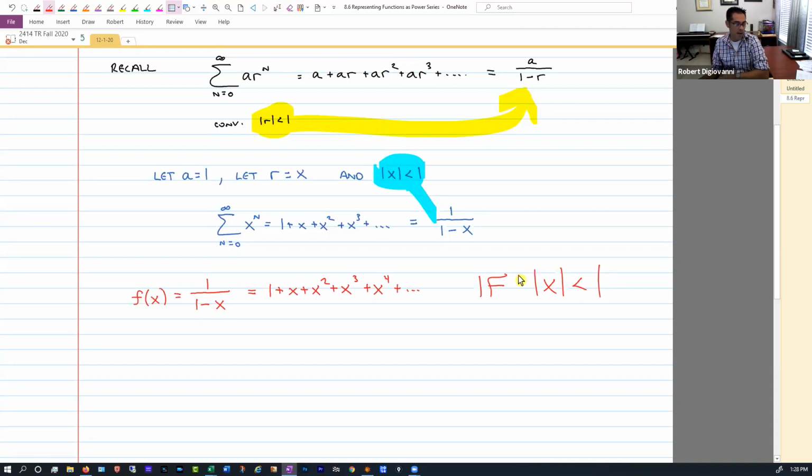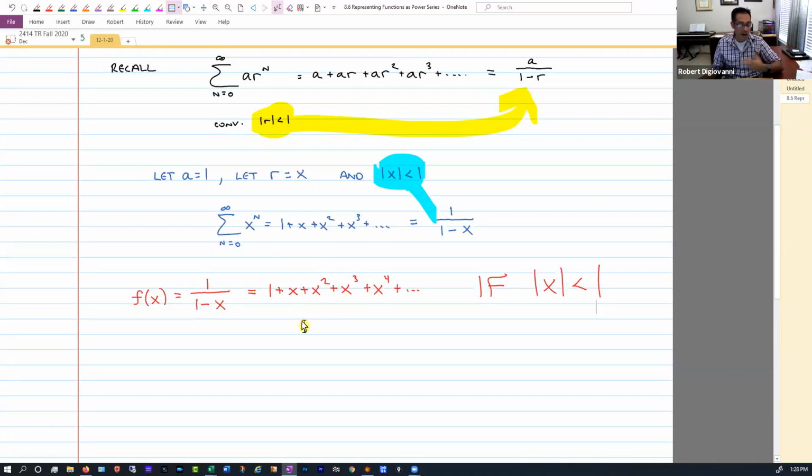For example, if you plugged 0.5 in here, 1 over 1 minus 0.5, you would get the same answer that you get if you plugged 0.5 into here. That's what we're saying.